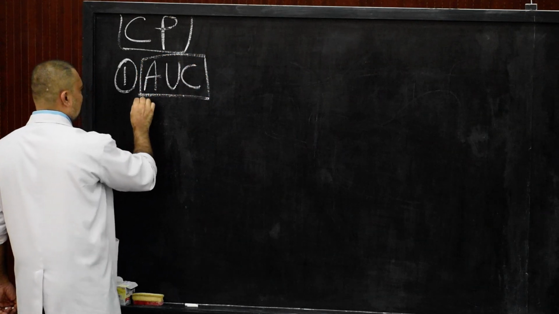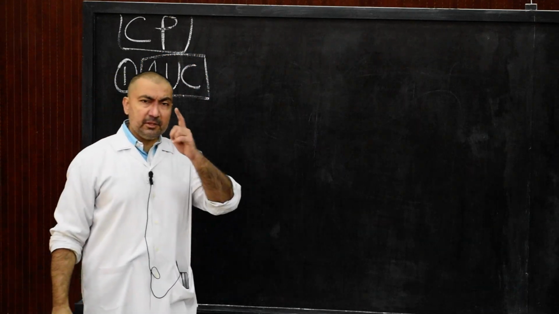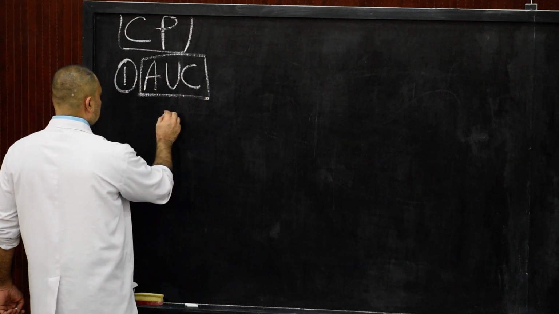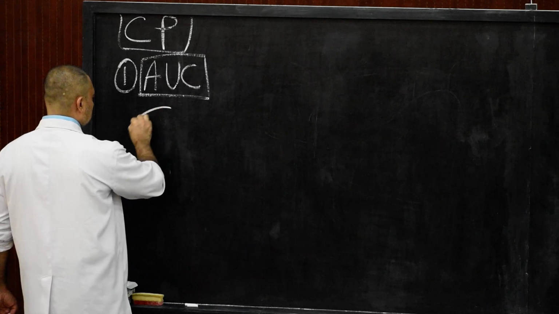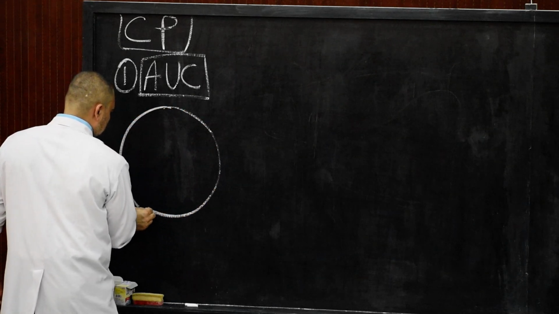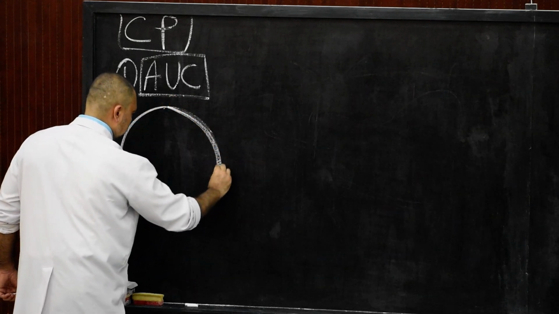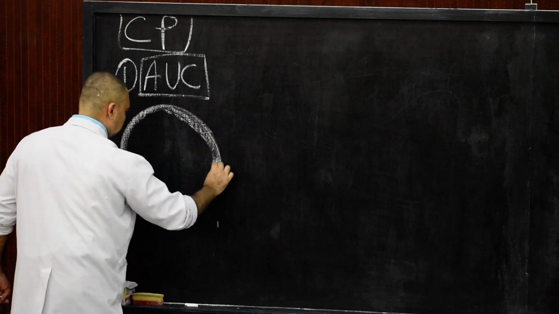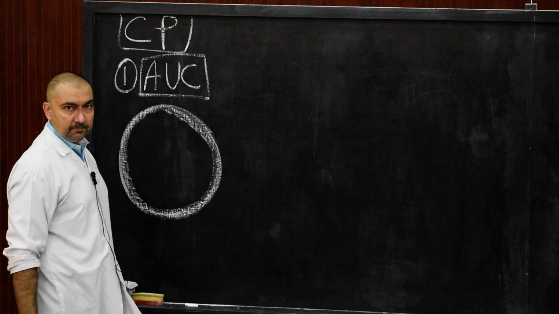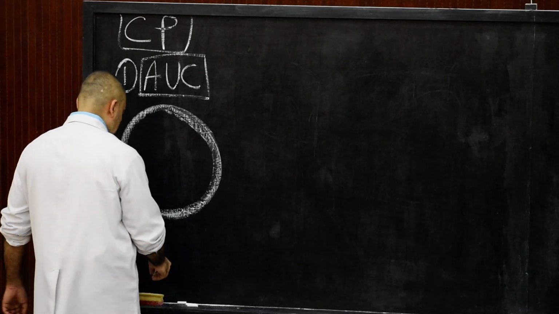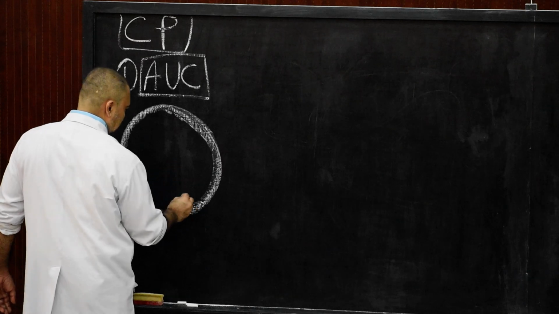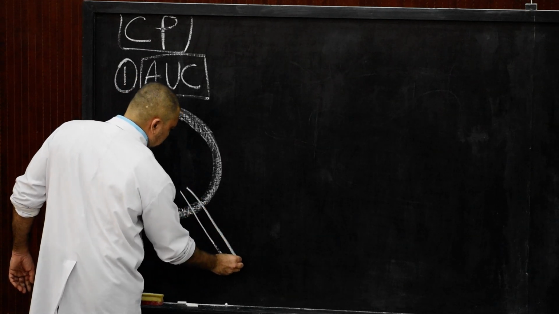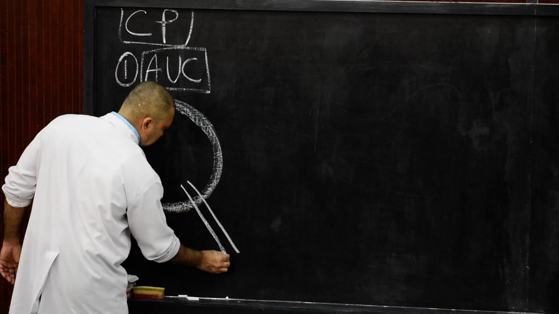Please note down. Depending upon the attachment of umbilical cord, very simple, two line diagrams, and those diagrams will go in this way. This is the placenta, this is the peripheral margin of the placenta, and this is the attachment of the umbilical cord.